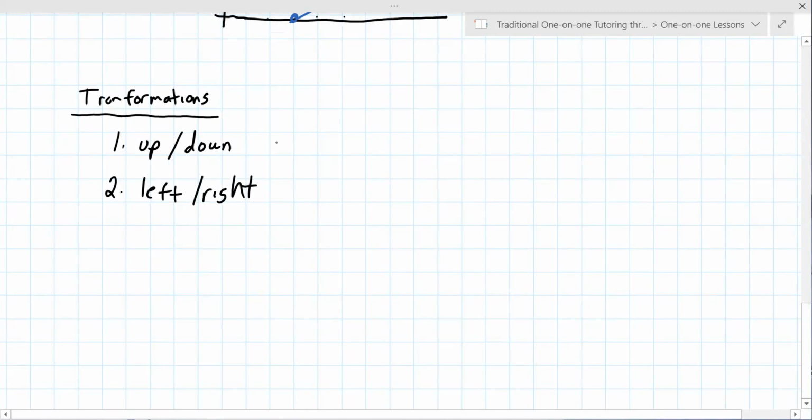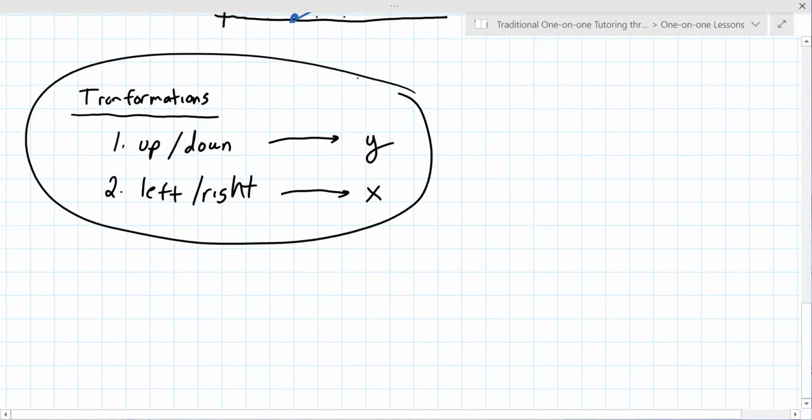Up or down affects Y, and left, right affects X. So if there's only one thing that you're going to remember about tonight, that's it. Up, down affects Y, left, right affects X. If that's all you got out of tonight's lesson, that's great, because that's all we want you to take away.